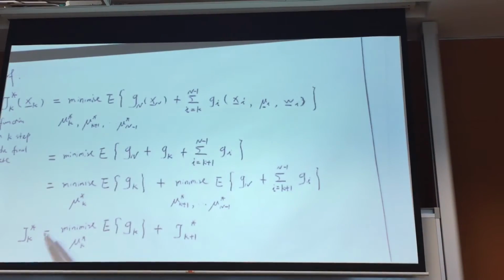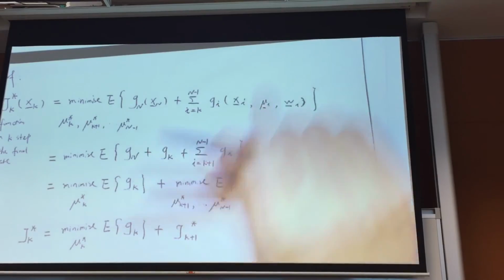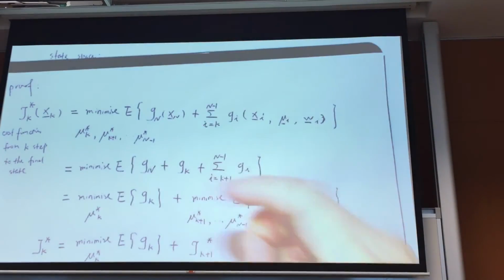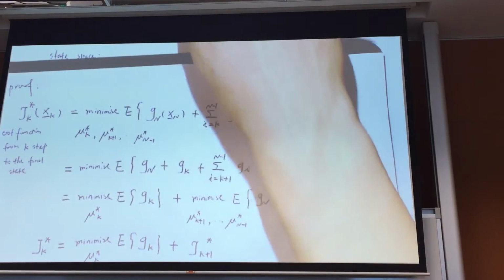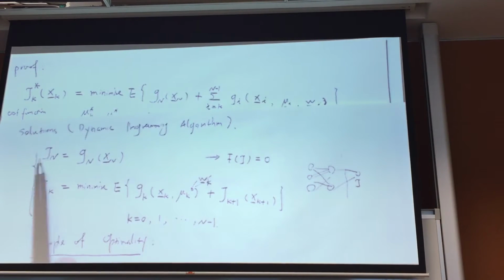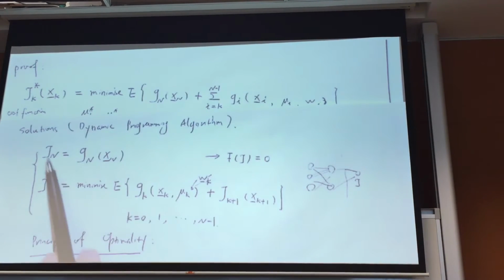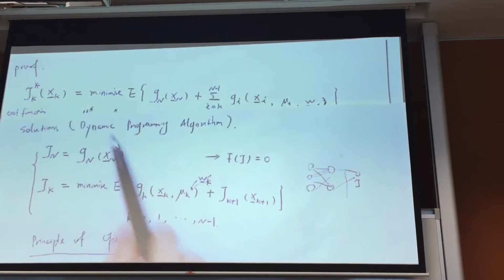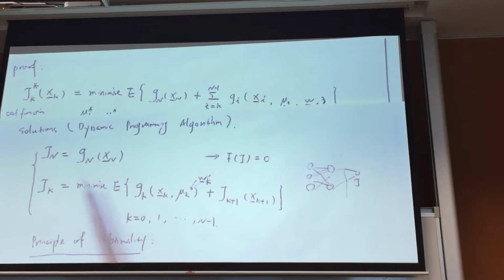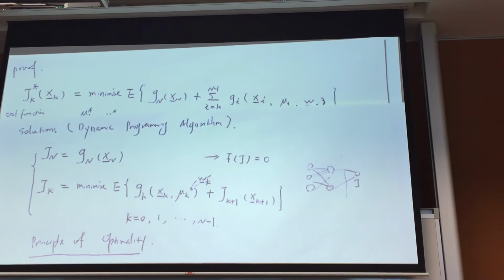So here we provide a simple proof of the dynamic programming algorithm. For the dynamic programming algorithm, the first equation is that for the final state, J_N is equal to the final state cost equation.